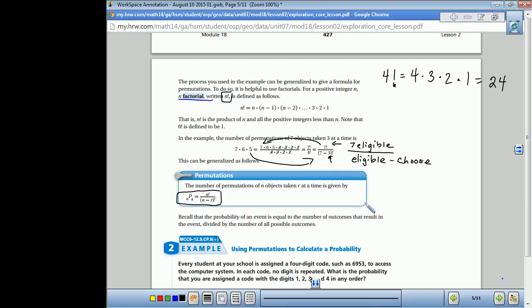That makes no sense until you do a couple of them, and then it makes more sense. So our formula, this is what we want to become comfortable with. The permutations of n choose r. This is how many we have total. This is how many we're choosing. It is the total factorial over the total minus what we're choosing factorial. That's how it always works.